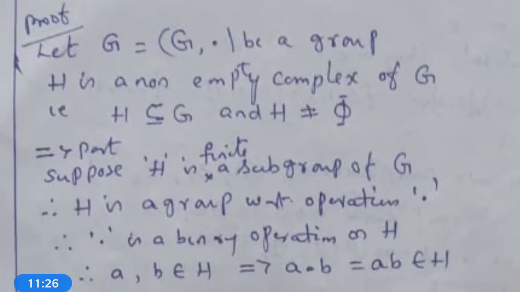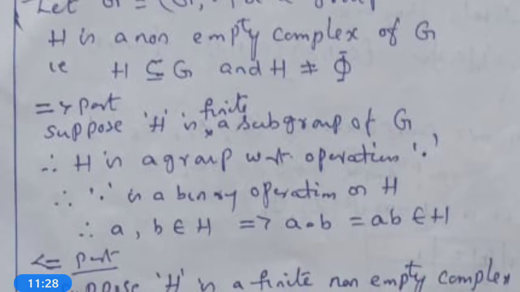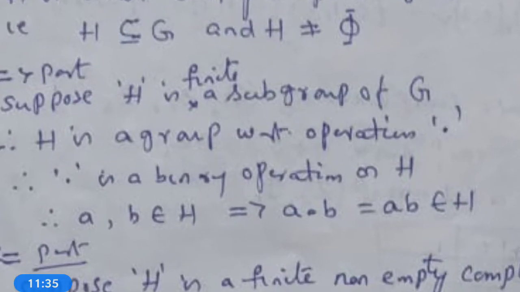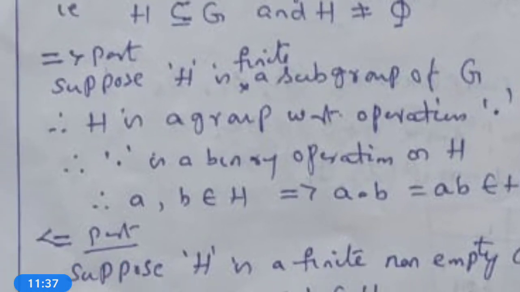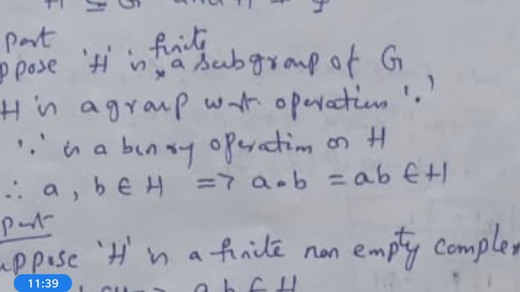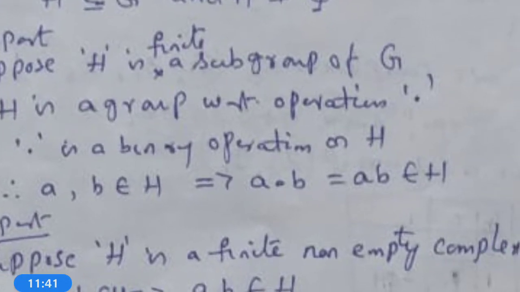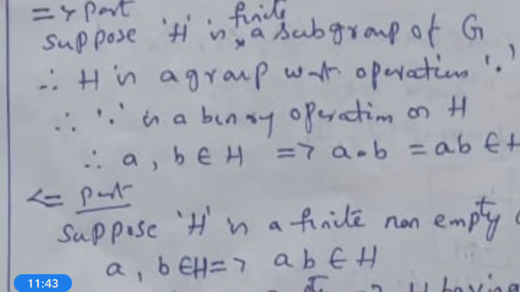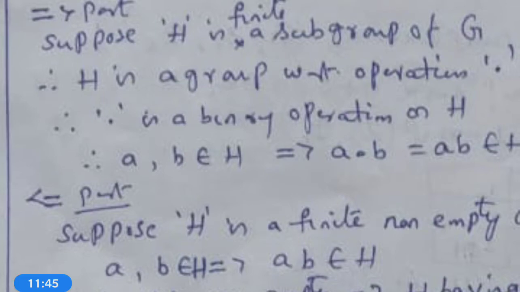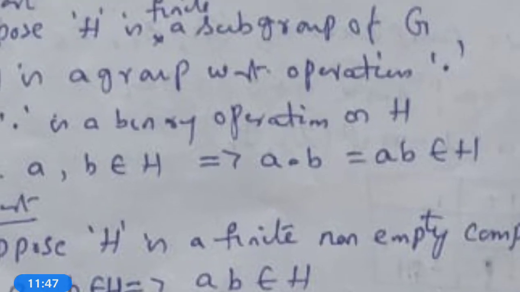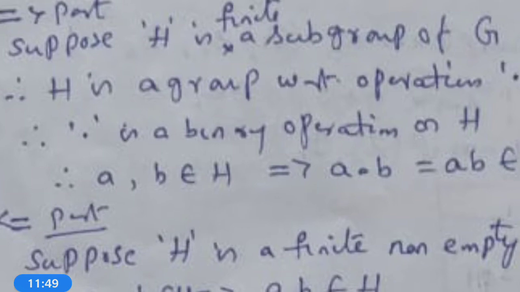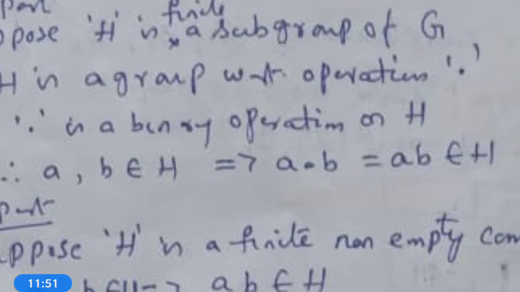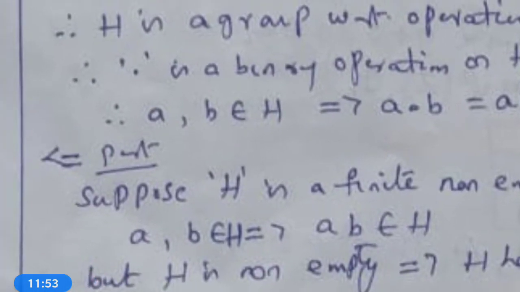Now, implies part. Suppose H is a finite subgroup of G. Therefore, H is a group with respect to the operation dot. Therefore, dot is a binary operation on H. Dot means usual multiplication.